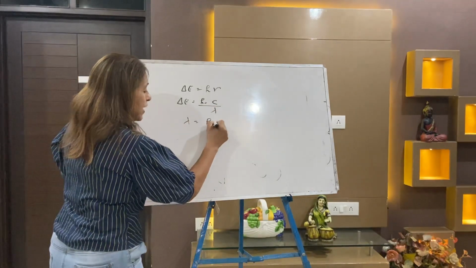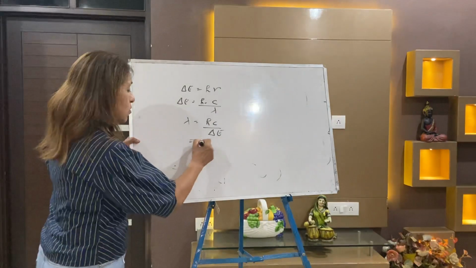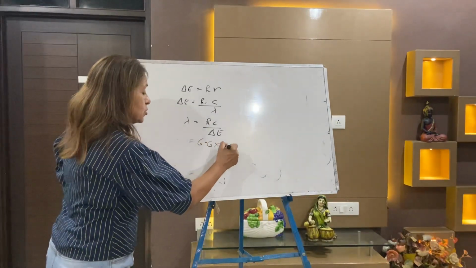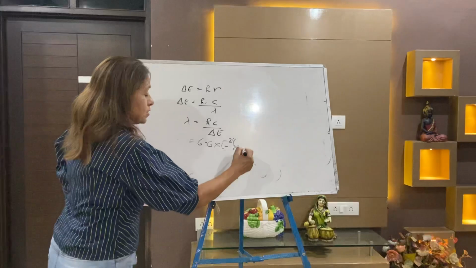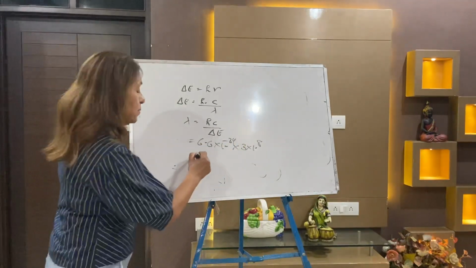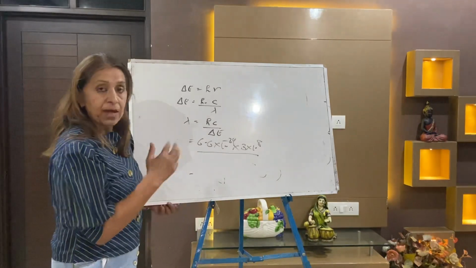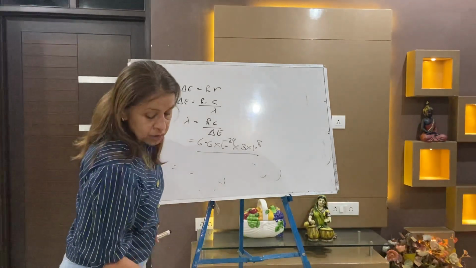Lambda is equal to hc by delta E, where h is Planck's constant, 6.6 into 10 to the minus 34, and c is the velocity of light, 3 into 10 to the power 8 meter per second. And for delta E, whatever your delta E comes out to be, you can put here. So this is our answer.